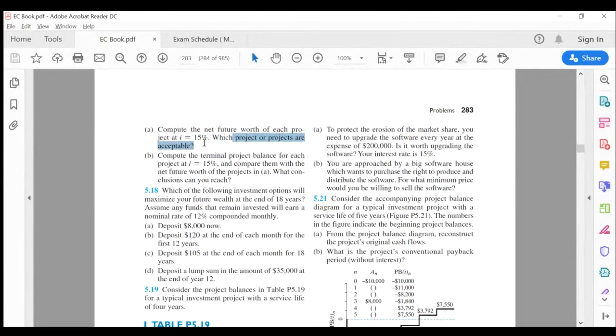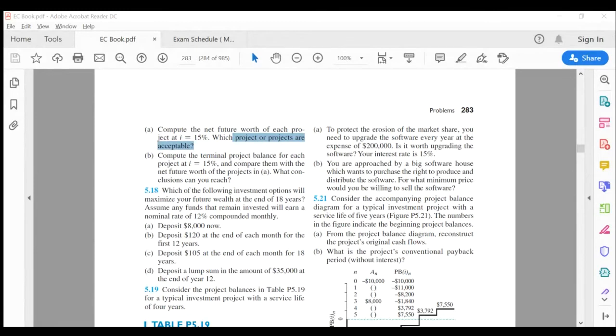Which projects are acceptable? It is the same concept, right? Any project which has a positive net future worth will be accepted. A project having a net future worth as positive is accepted, negative will be rejected.